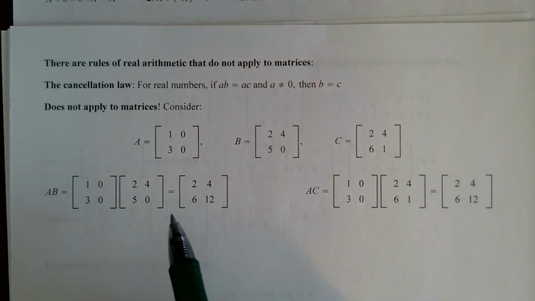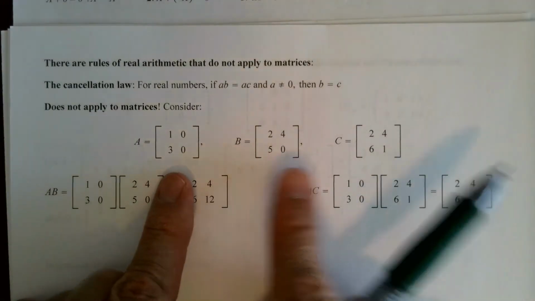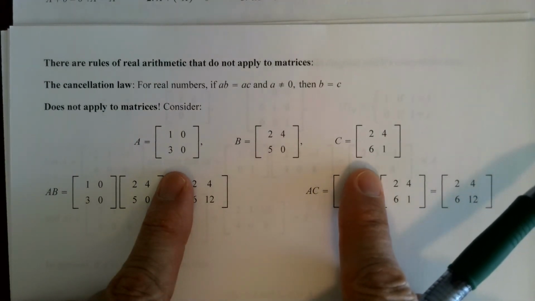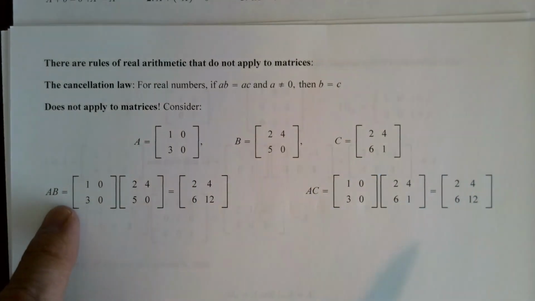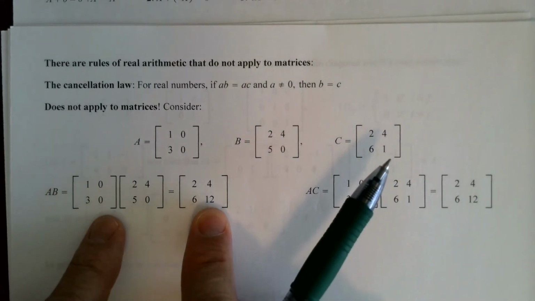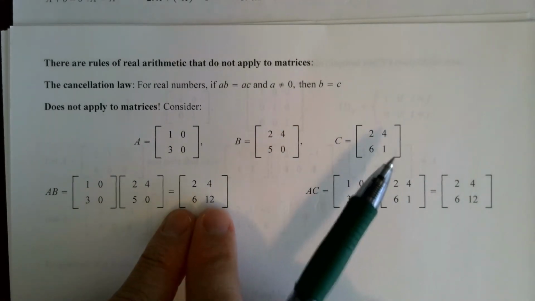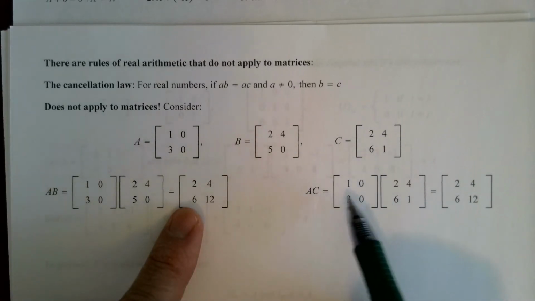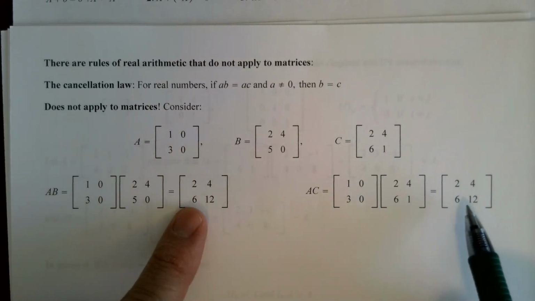So consider this example here. I've got three 2x2 matrices, A, B, and C. I look at the product A times B: I grab matrix A, matrix B, multiply them together, and you get this result. You should verify that. If I multiply A times C, I get this result.